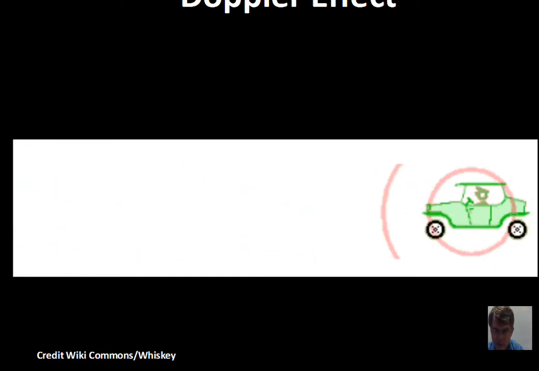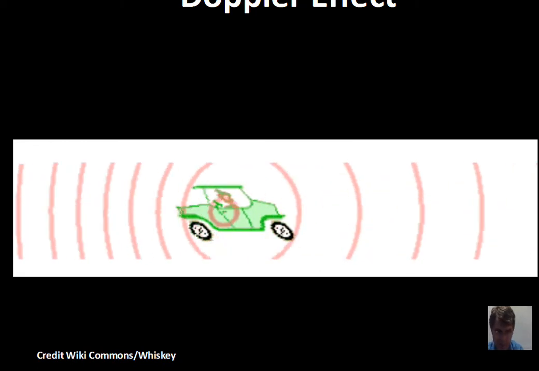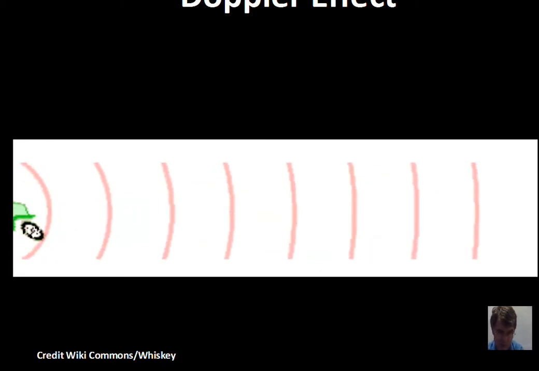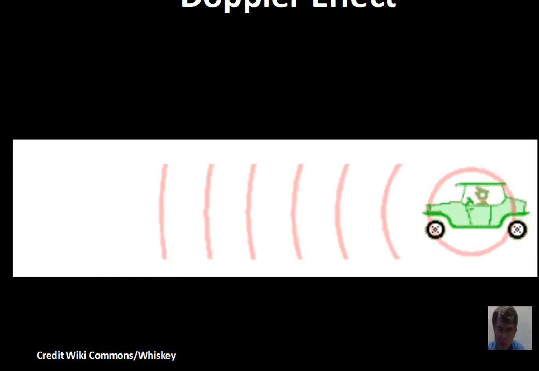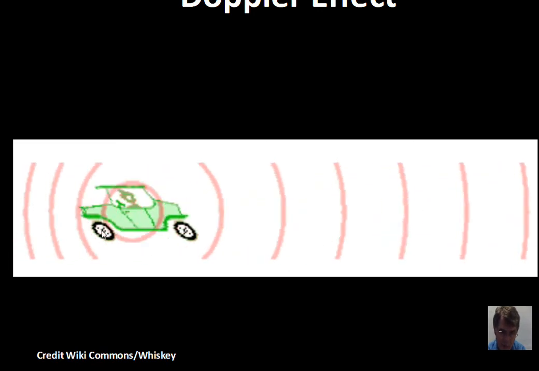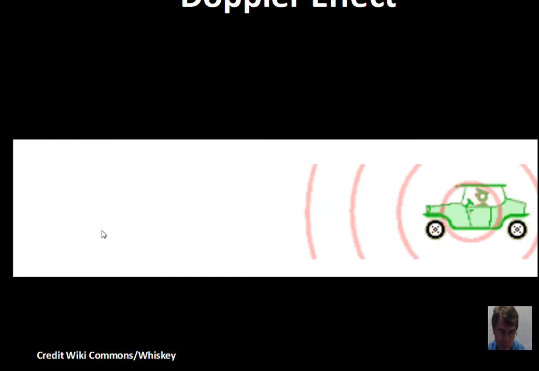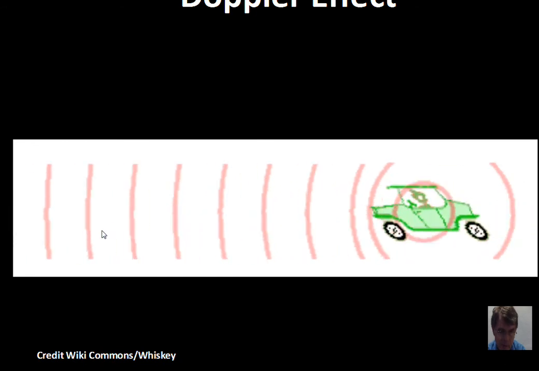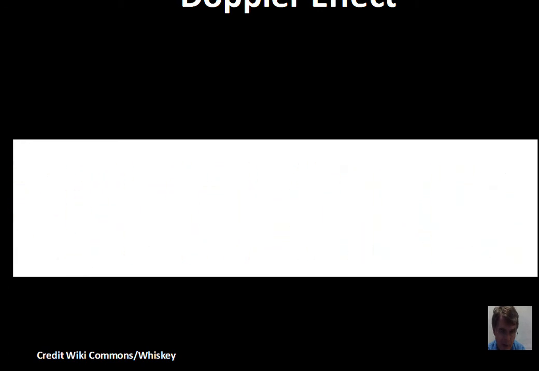You can see, and this is semi-accurate, the waves get pressed together, not quite as much as they're showing in the illustration. If you're standing off to the left here, you're going to have more peaks per second cross your ear. The pitch of the car horn will increase. You'll hear a higher sound.